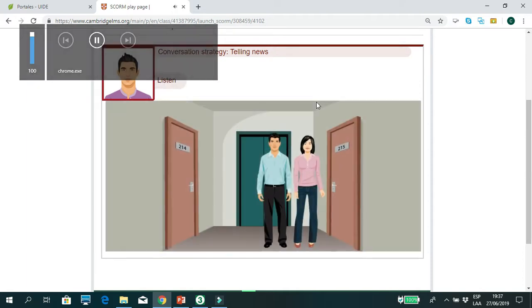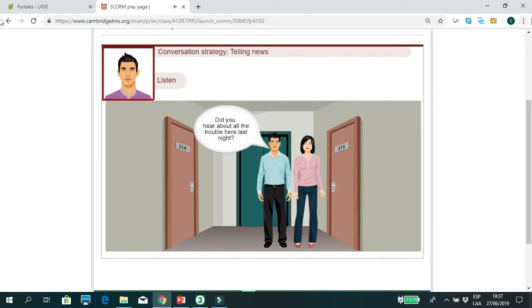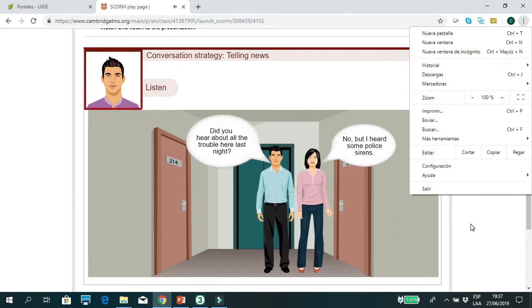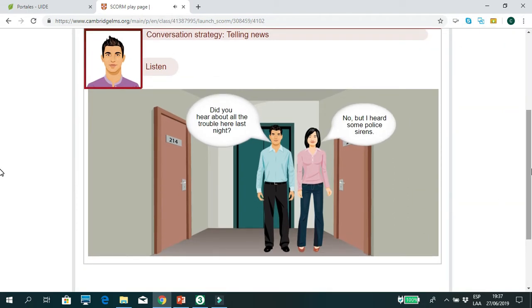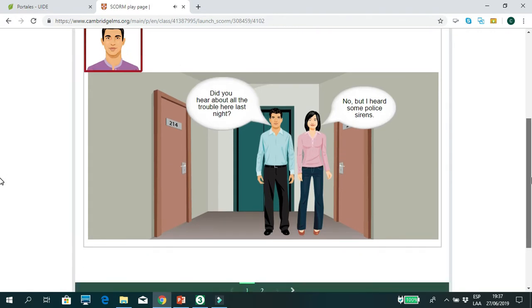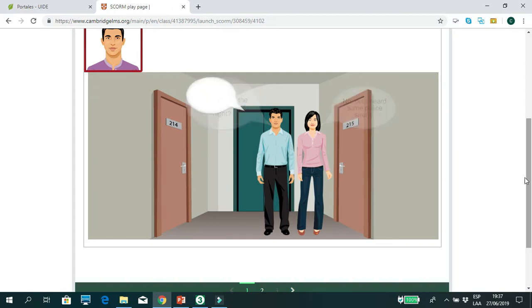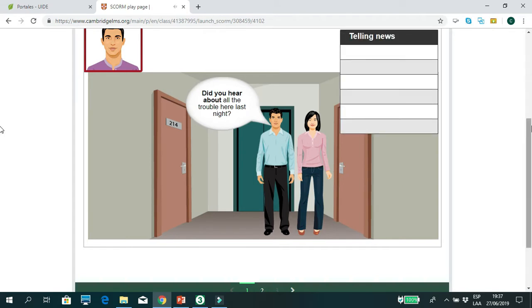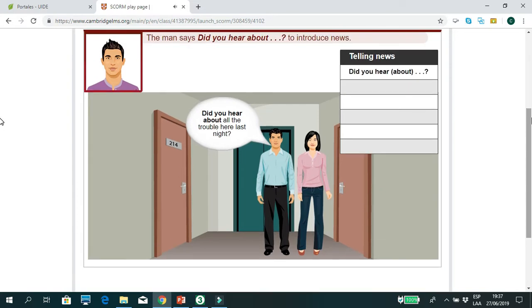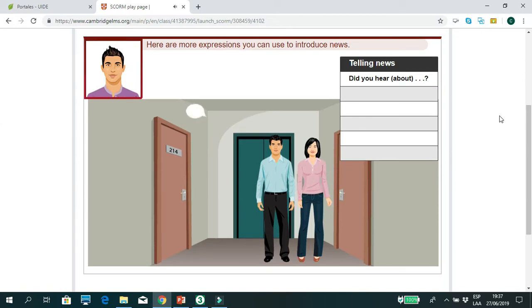Listen. Did you hear about all the trouble here last night? No, but I heard some police sirens. The man says, "Did you hear about?" to introduce news. Did you hear about all the trouble here last night? Did you hear about? Did you hear? Here are more expressions you can use to introduce news. Have you heard about all the trouble here last night? Have you heard about?